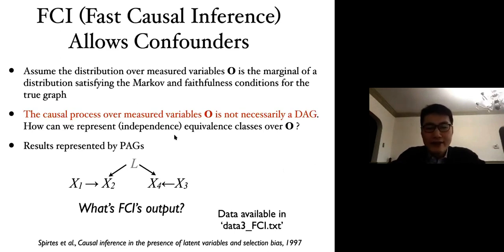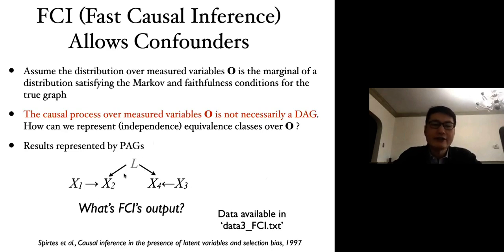However, if you have confounders, the causal process over the measured variables is not necessarily a DAG anymore, right? As you can see from here, if the latent variable error is observed, then this is a DAG representing the causal mechanism over the five random variables.